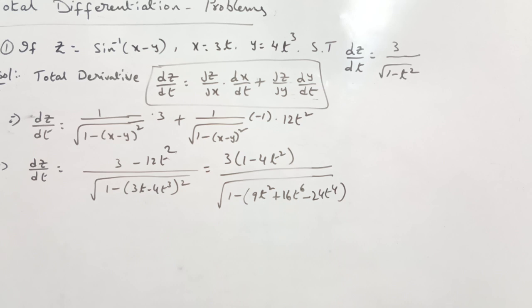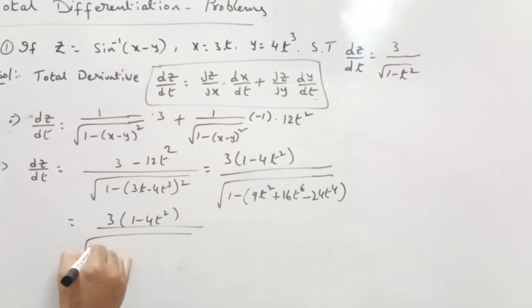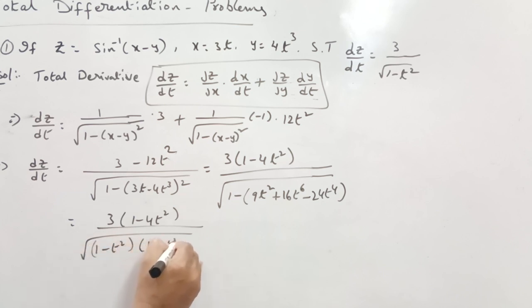So I get like this. Next, if I split this one, I get 3 into 1 minus 4t square by square root of 1 minus t square into 1 minus 4t square whole square.